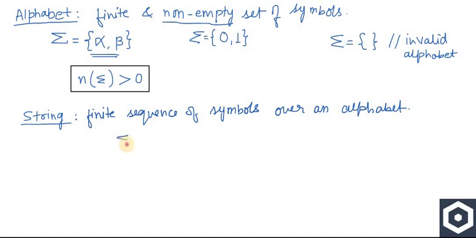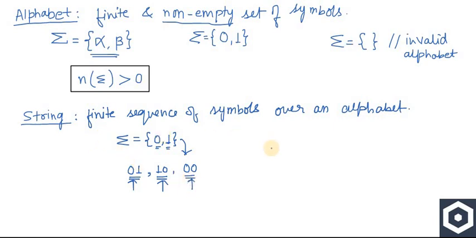Suppose that we take an alphabet like this, 0, 1, and we write these two symbols in a sequence, like I write 0, 1, or I write 1, 0, or I write 0, 0, 0. So these sequences of symbols present in an alphabet are called a string. This is one string, this is another string, and this is another string.